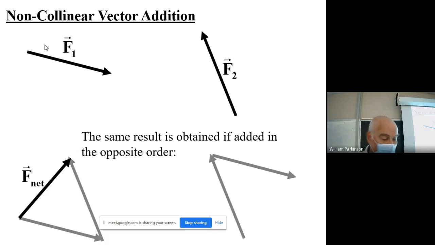Now I start this net vector from the tail of F2, and I go to the tip of F1, and notice it's displaced sideways, yes, but its length is the same as the original F net, and the angle it's making on the screen is the same as the original F net.